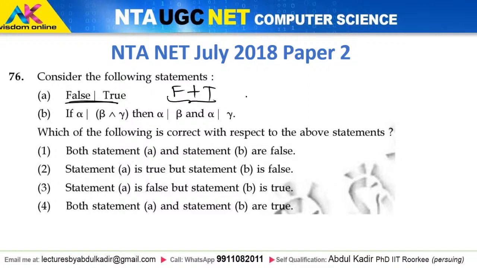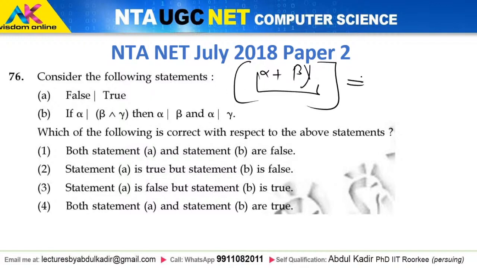What will false plus true be? False plus true is true, you already know. False plus true is true. Let's see this, what is this? This is basically alpha plus beta gamma. He is saying that alpha plus beta gamma, this complete thing is implying alpha plus beta and alpha plus gamma. Okay, I can't write even gamma, I can't write anyway. So this is your option B. Now what can you say about this option B?